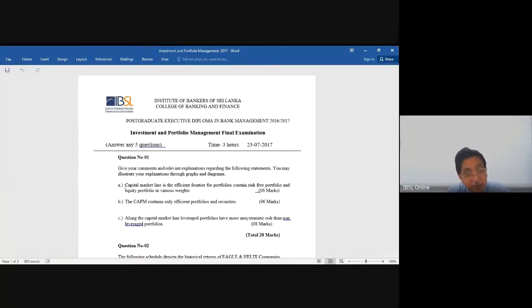So the risk-return characteristics we have to find out of the equity portfolios. And first, you plot the things on the graph, and you have to mark the efficient frontier. So that is the first thing you need to do in a diagram. So I will show you the diagram on the board.